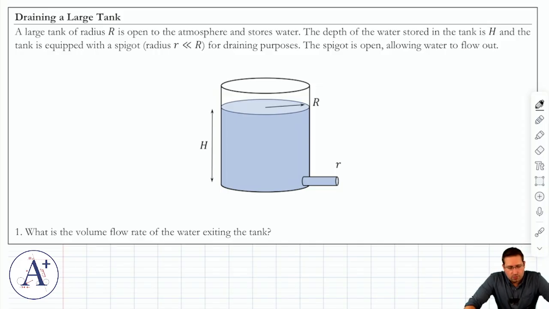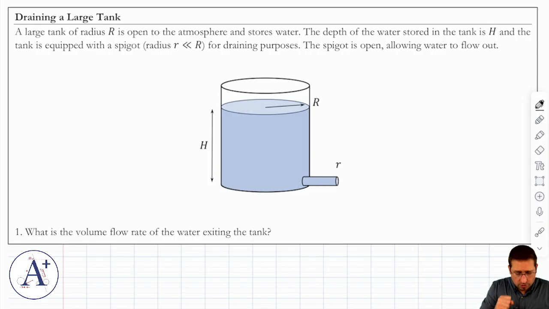And so we have a large tank. It's open to the atmosphere, and it stores a certain amount of water. We know the radius R and the height h. And we are told that the tank has a little spigot at the bottom for draining purposes. Maybe you want to empty the tank and clean it now and then. The spigot is open, allowing the water to flow out.